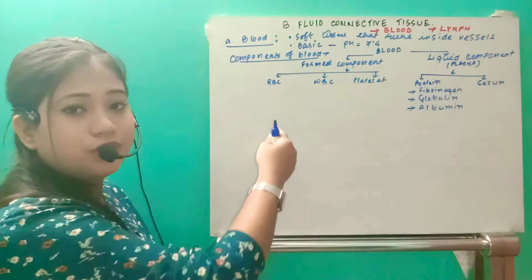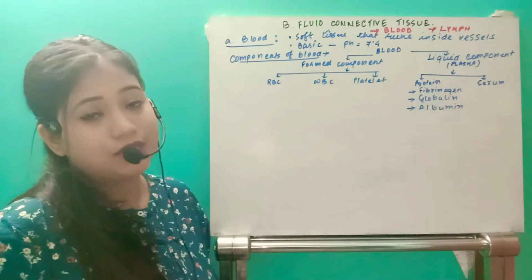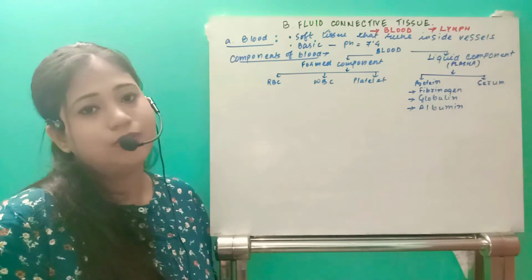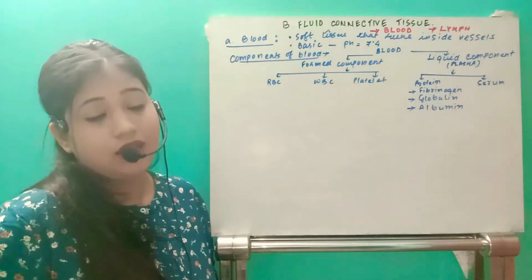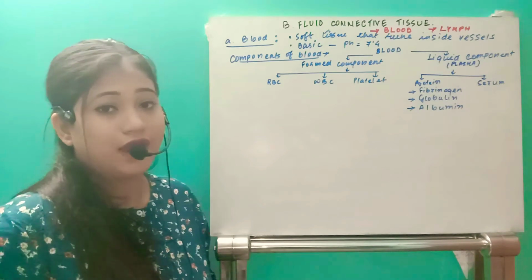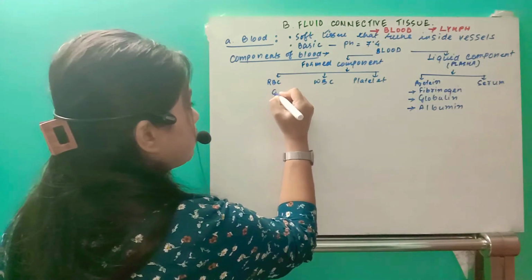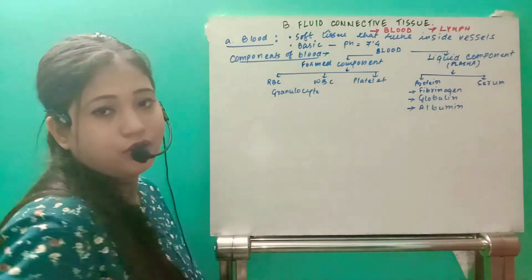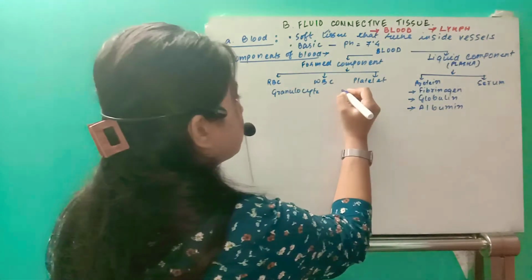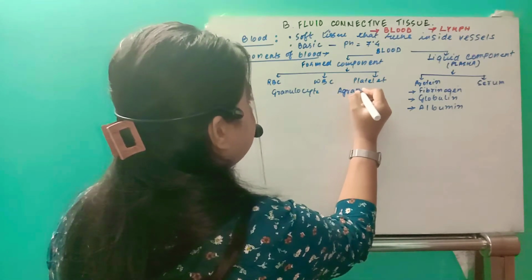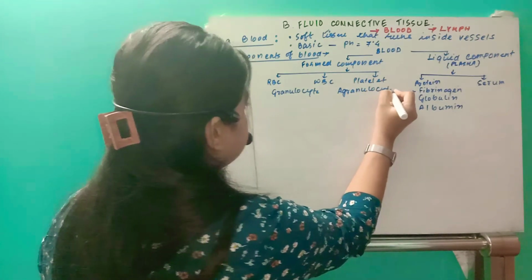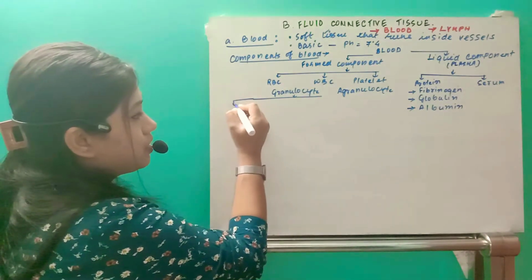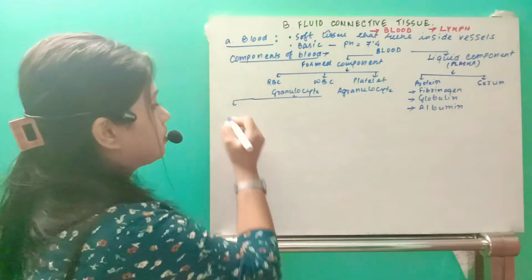Now if you come to the formed components RBC, WBC and platelets, the WBCs can be further divided into two types. One is known as granulocyte, and the second one is agranulocyte. If it comes to granulocytes, there are three types present. What are they?